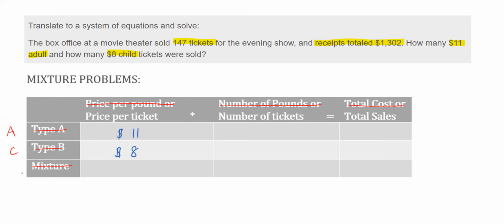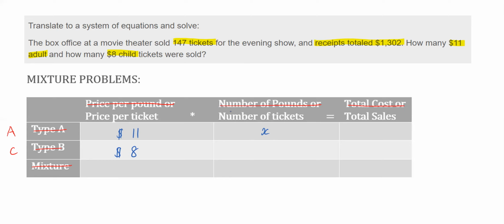So the mixture here won't be applicable. Number of adult tickets, do we know? We don't know. Do we know the number of child tickets? We don't know. Previously, we saw the total number of tickets was 147. So if adult tickets were x tickets, then children should be 147 minus x.